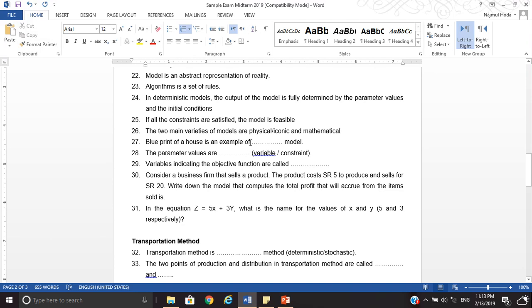Blueprint of a house is an example of what? I hope you have guessed. Analog model, which is in between the physical and mathematical model. The parameter values are constant. They don't change. They are fixed.